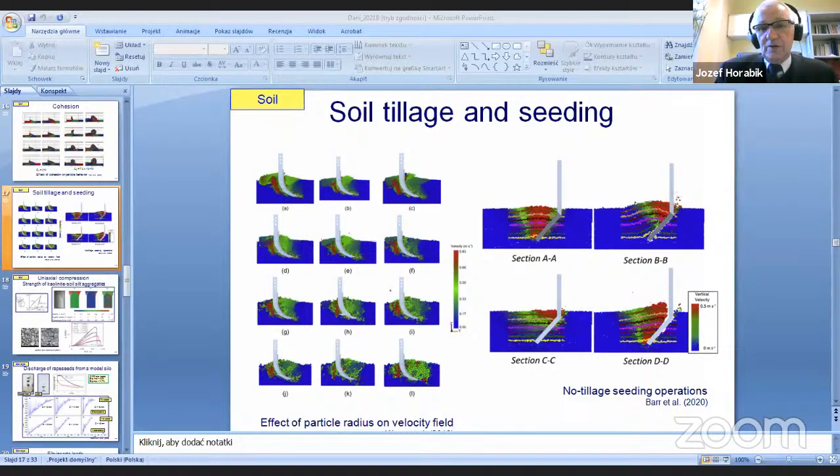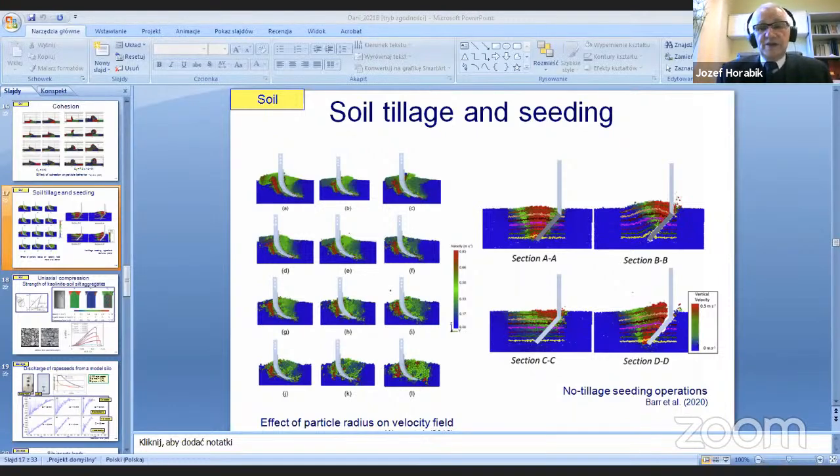The strength of such an aggregate increases considerably, and as was shown, DEM modeling can provide exactly the stress deformation relationship, and particularly the profile of the damage of the material.